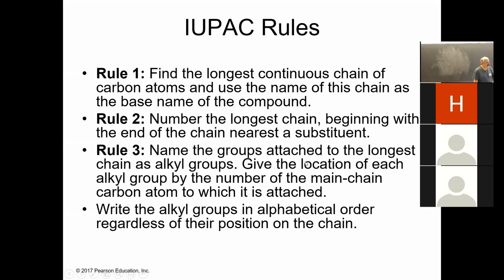We name the groups attached to the longest chain as alkyl groups, and we'll talk about that in just a moment. We'll give the location of each alkyl group by the number of the main chain carbon atom to which it is attached. And then we write the alkyl groups in alphabetical order, regardless of their position on the chain.